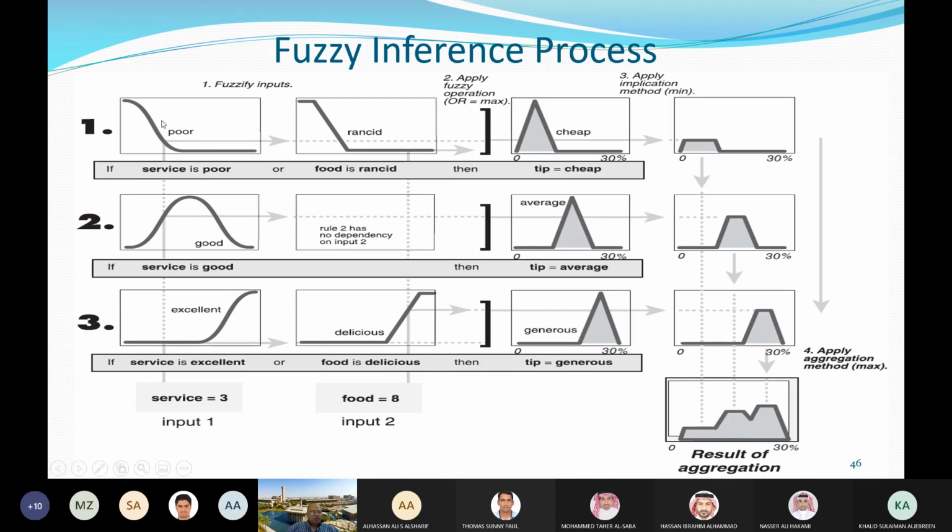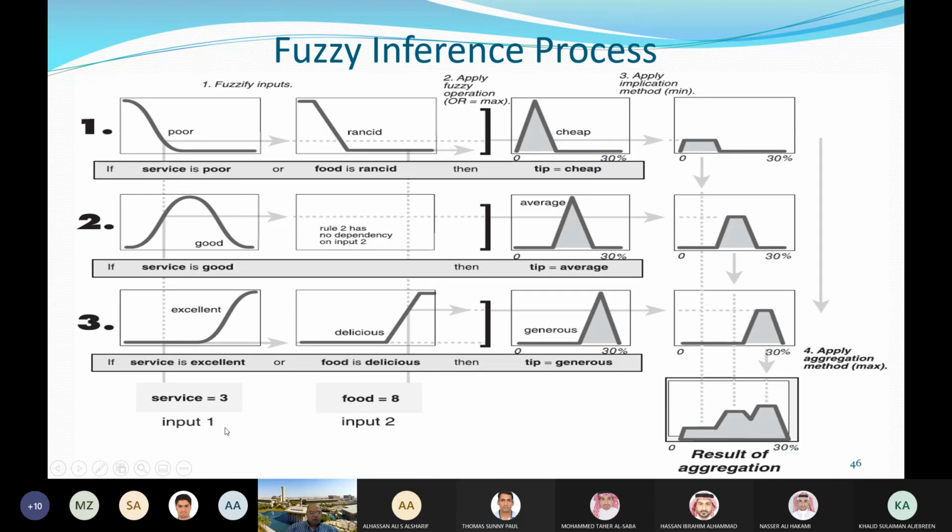But we divide them as such in order to make it more and more clear. This is for the surface, and this is also for the food quality. We have two values here, rancid and delicious. We don't have any value here for this third rule.